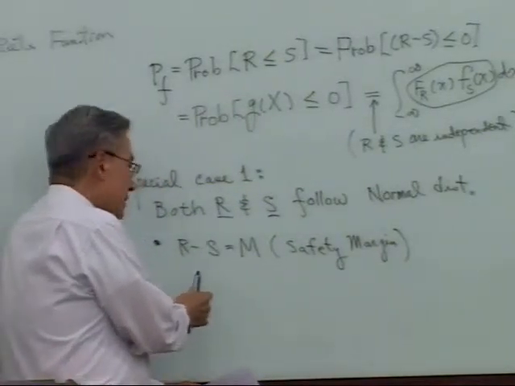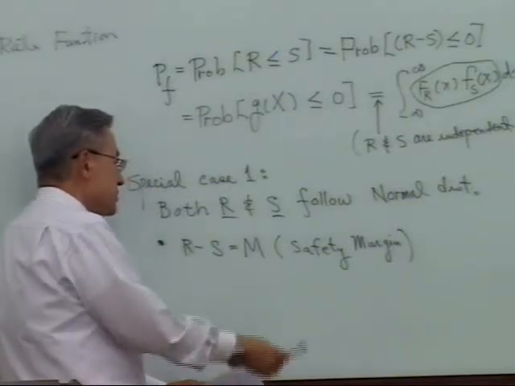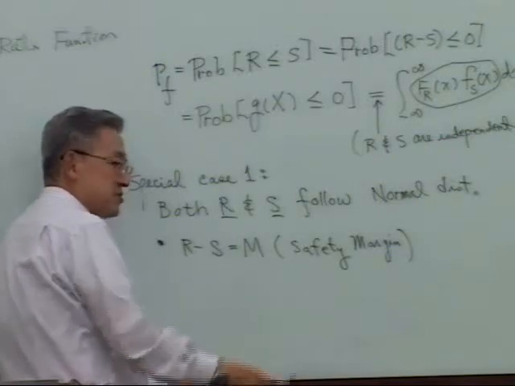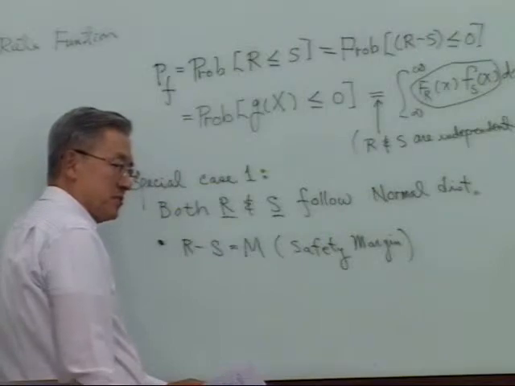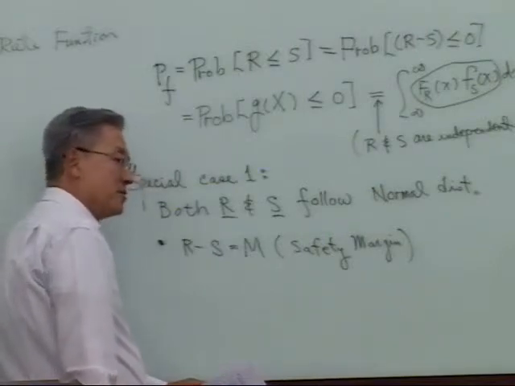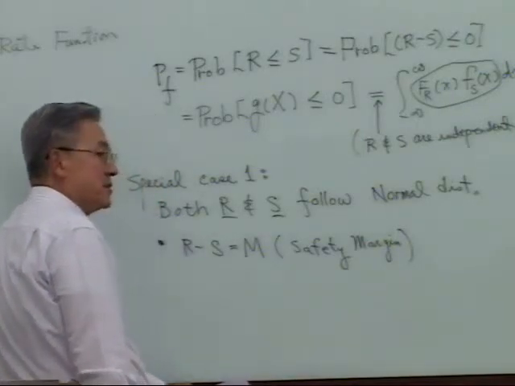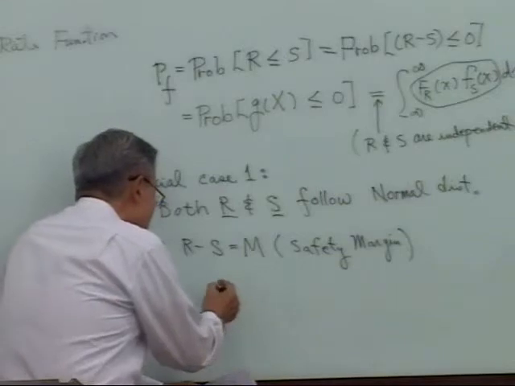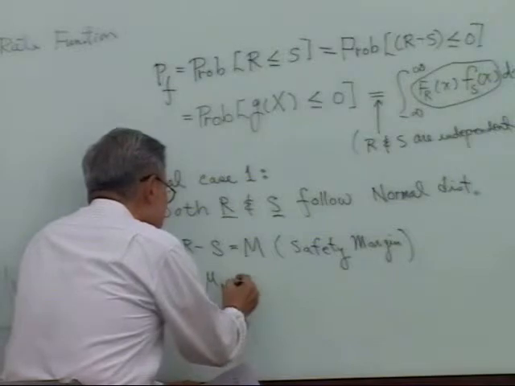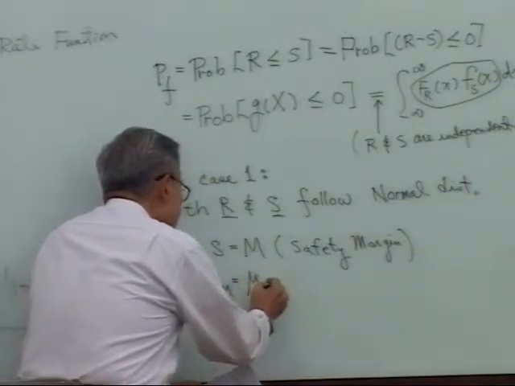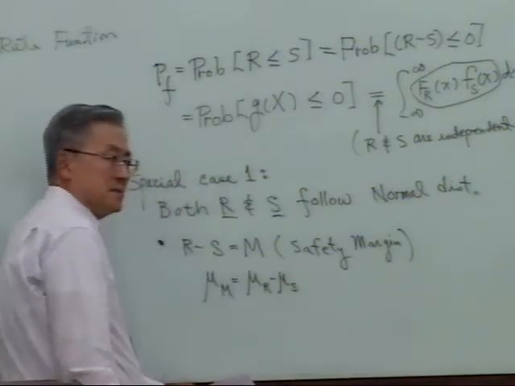If R and S follow the normal distribution, then what probability model will this safety margin M follow? Normal distribution. So that's why it is very easy. And here mu_M is mu_R minus mu_S.